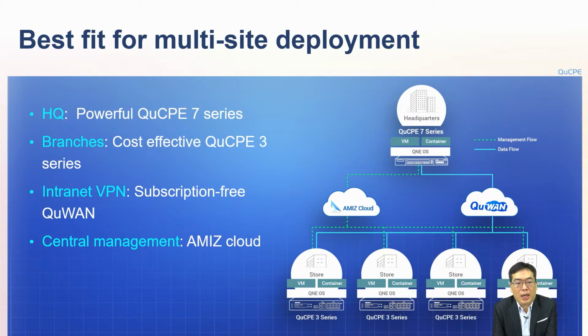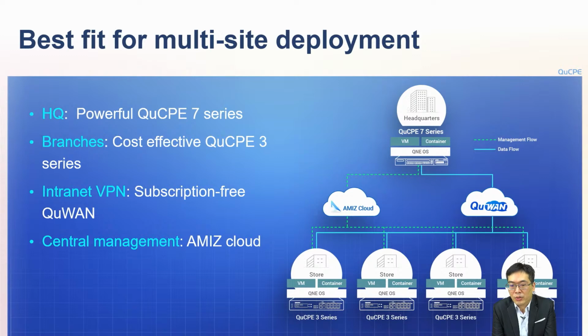So here is the topology to show you the typical deployment for this kind of total solution. From the headquarters, we can deploy a very powerful QCPE-3032 series to contain and operate all the different services in your headquarters.